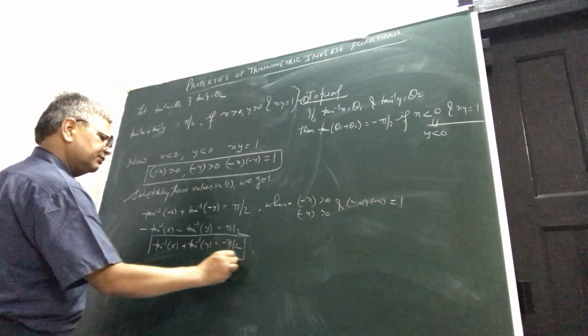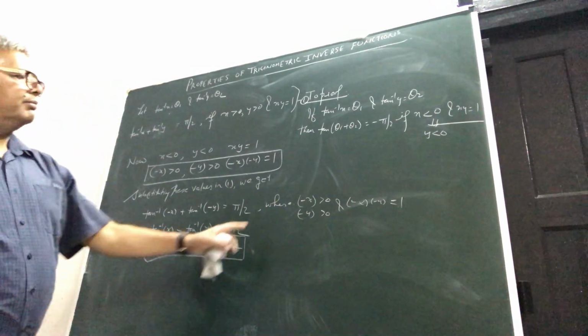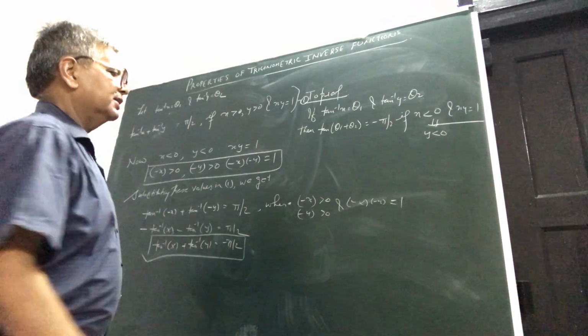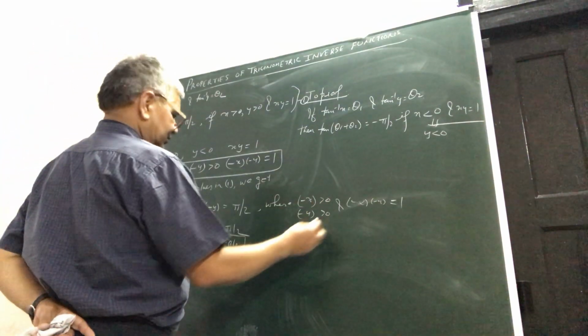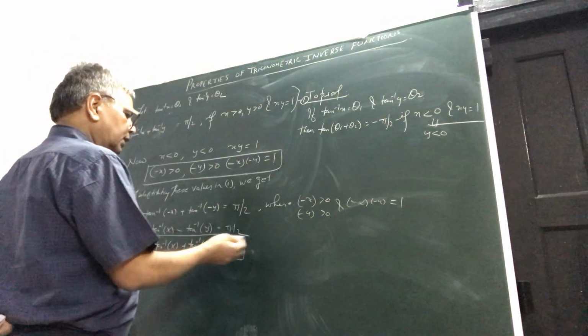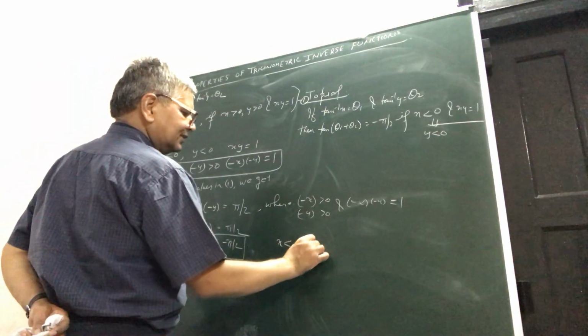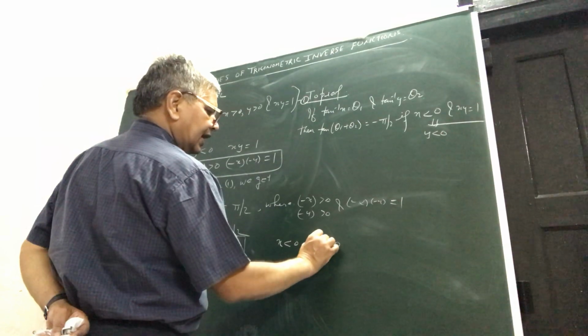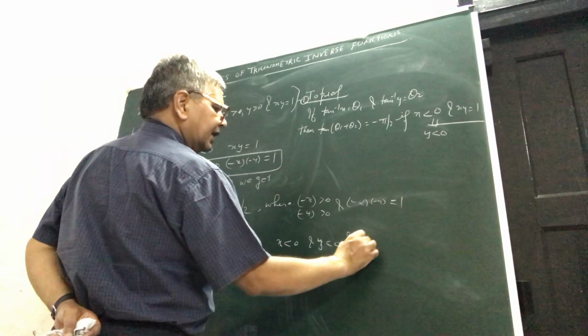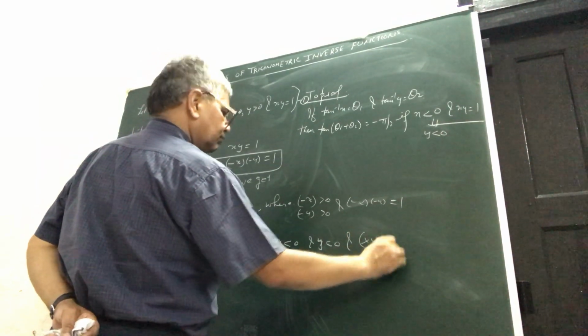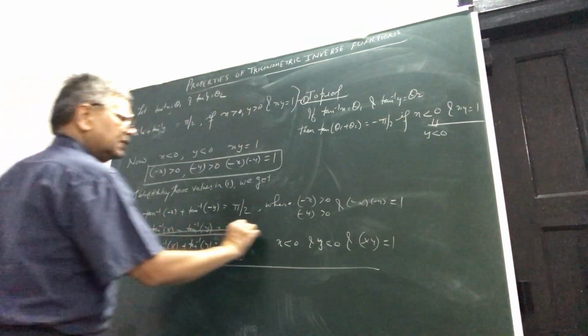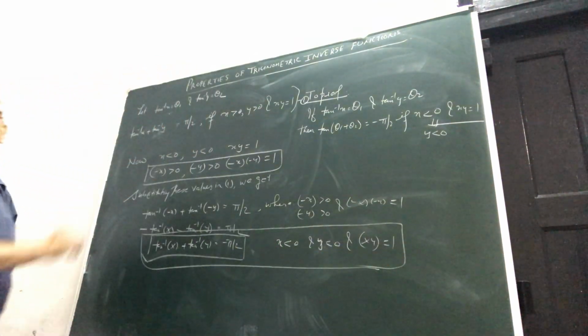And this is the result which we were looking for, when x is less than 0, y is less than 0 and xy is equal to 1. So this result can be proved from the result 1.